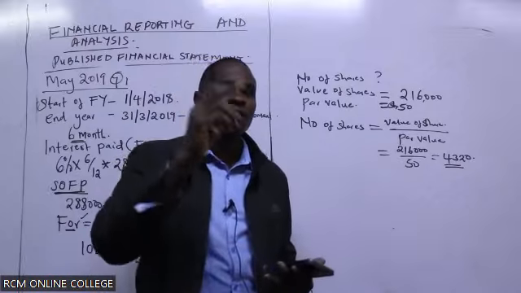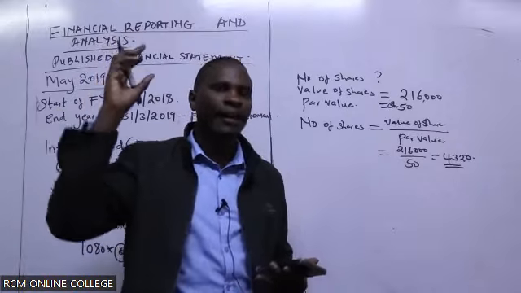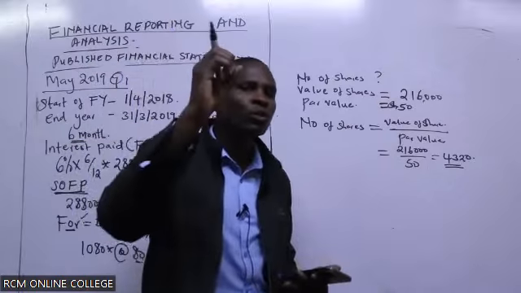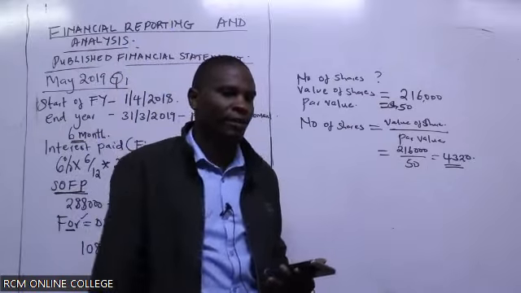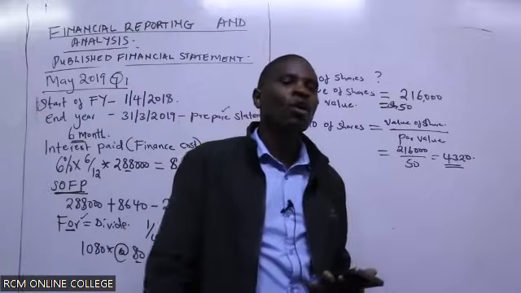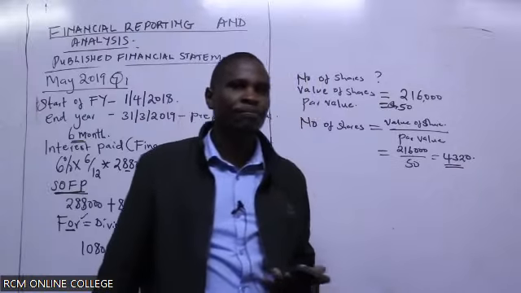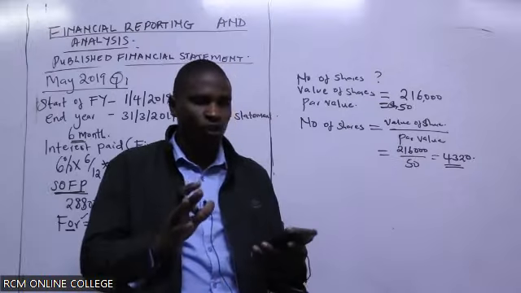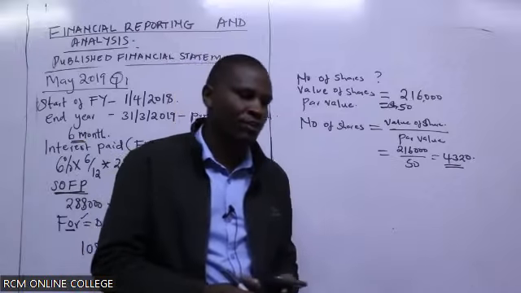So, these shares were issued at 80. But what was the par value of ordinary share? Hiyo ndio nataka niulize. For the ordinary share itself, the normal par value was 50. Sasawa.